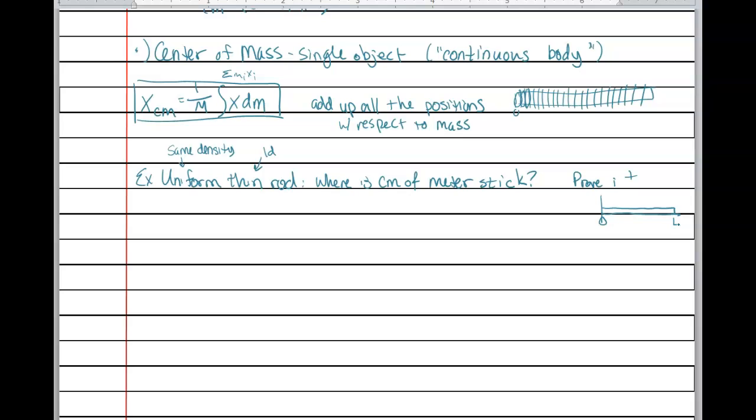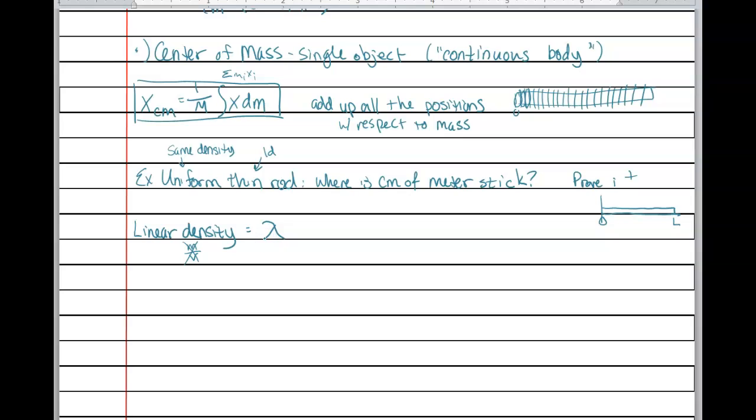A couple of things we need to know before we jump into this. One is the term for linear density. Since we're only in one dimension, we don't need volume, because that's far too many dimensions. So when we do density, we're not going to take mass over volume. Instead, linear density has our symbol lambda.